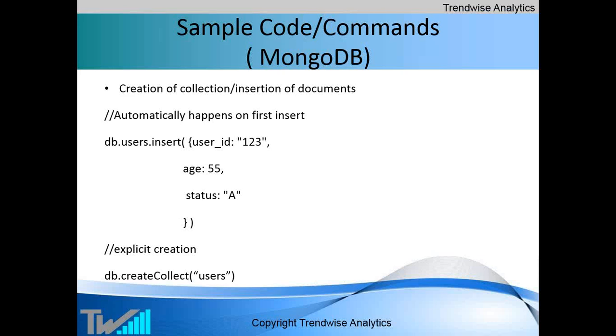One way of creating a table is to do it explicitly, but typically, in the case of MongoDB, a table gets created when you do the first insertion. So here we have an example.